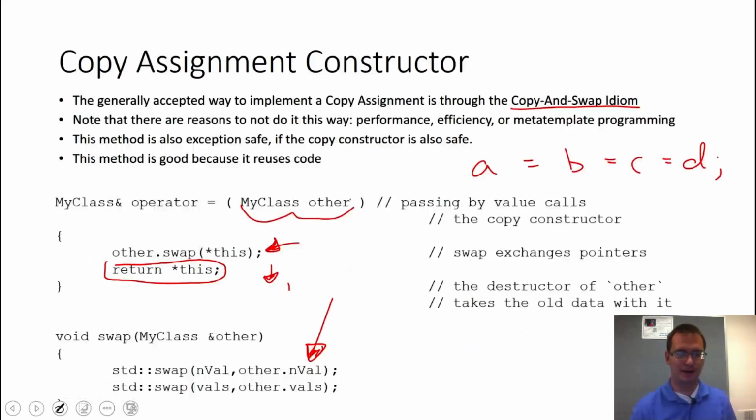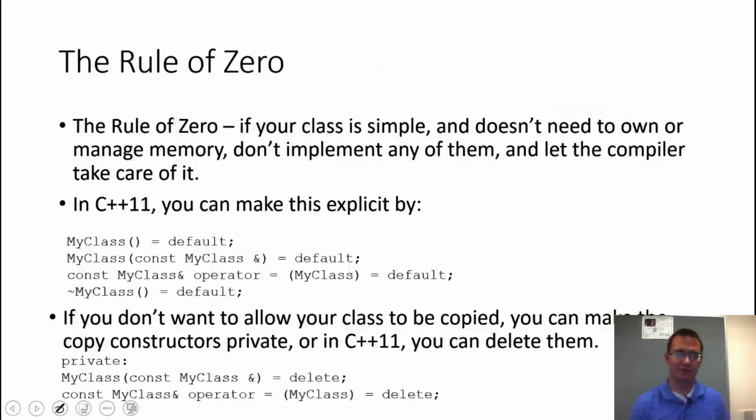All right, so now that we know all that stuff, we come to the rule of zero, which is if your class is simple and doesn't own or manage anything, don't implement anything and let the compiler take care of it. Okay? It saves you time, it saves you mistakes.